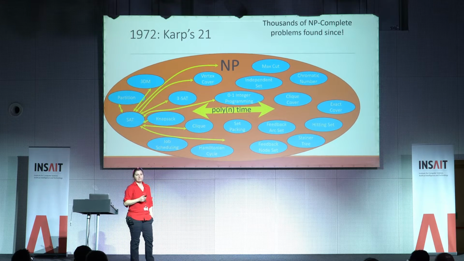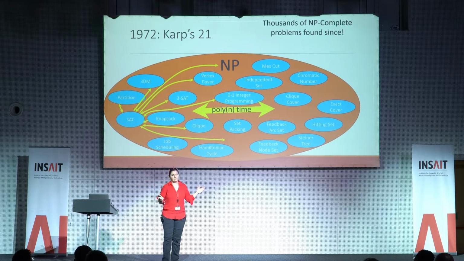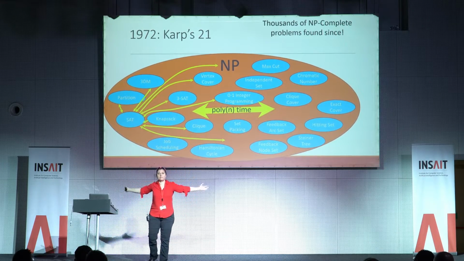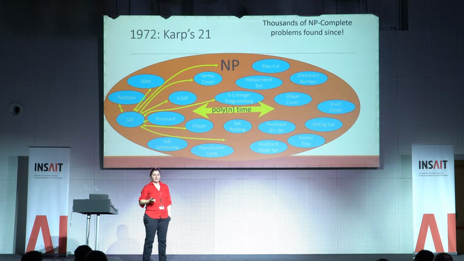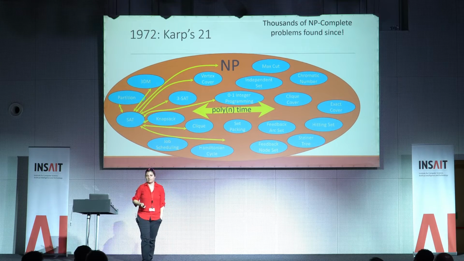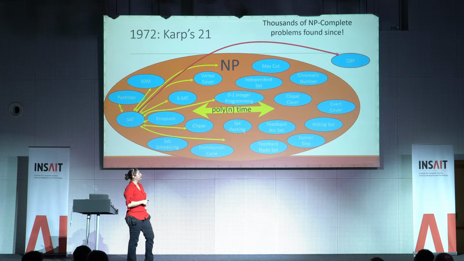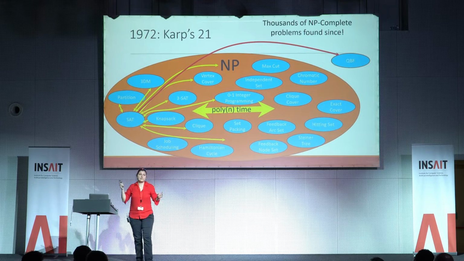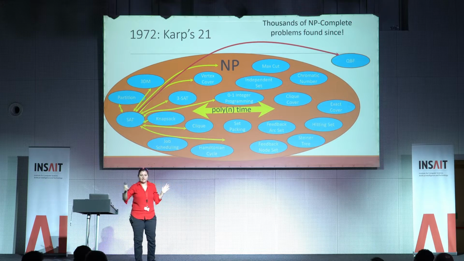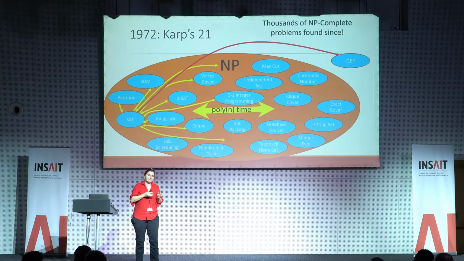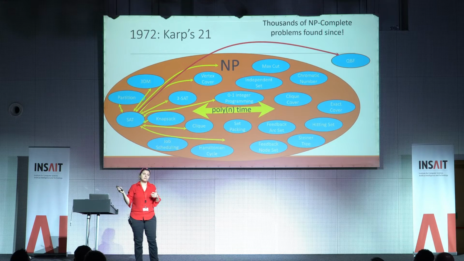Meaning that if you can solve any of them in polynomial time, then you can solve SAT in polynomial time, and therefore every problem in NP in polynomial time. And since then, thousands of other NP-complete problems have been found, thousands and thousands. And some problems that are not in NP are also hard, many of them. So we have a very, very beautiful picture, and it's very useful because let's say someone says, I want to solve this problem, and I tell them, oh, it's NP-hard, and they can say, oh, well, now I think I should be using heuristics, or I should approximate, or maybe I should redefine the problem so that it's easier to solve.